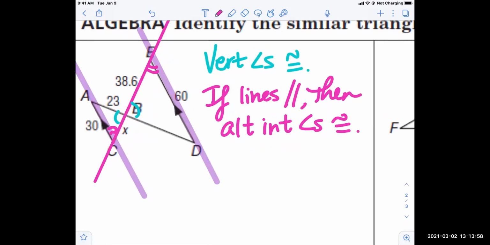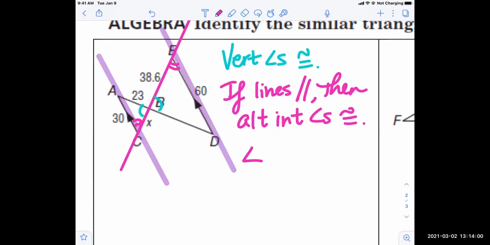Blair, can you tell me a similarity statement? Triangle is similar to. Good. How did you determine how to match them up?